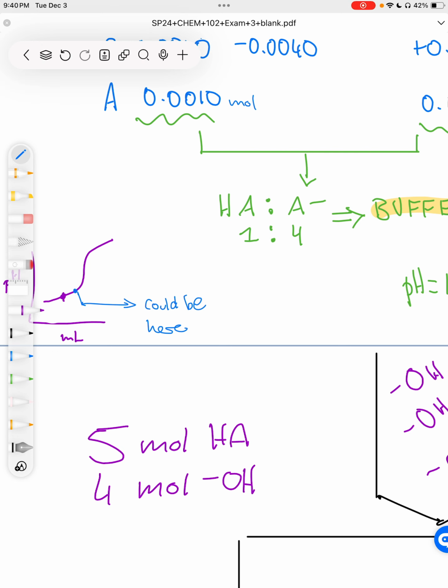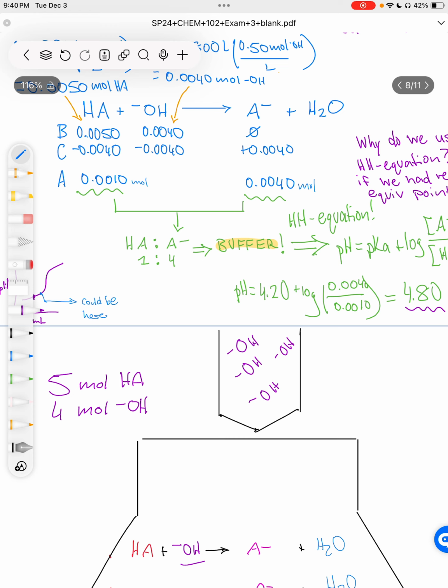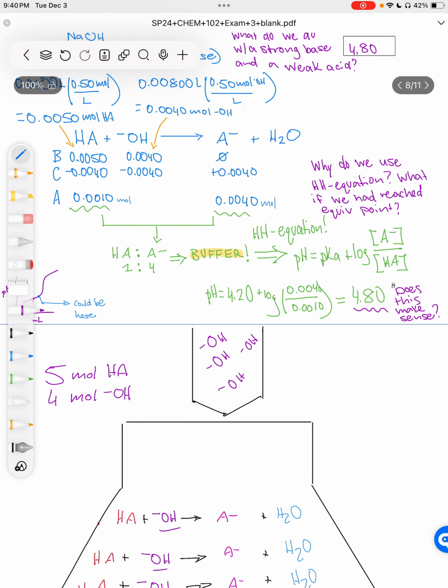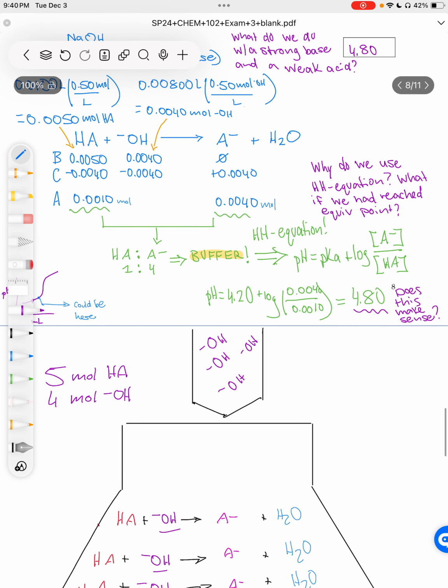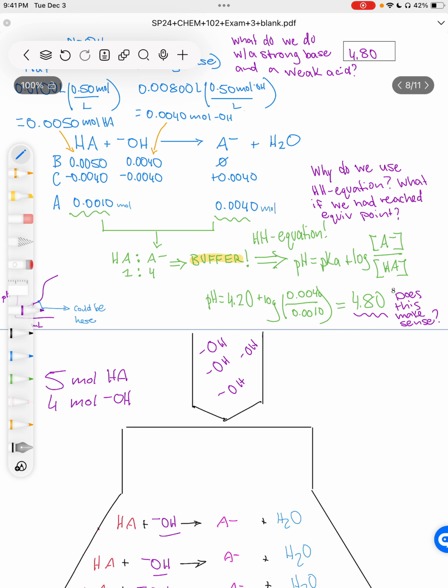That's our midpoint. If we keep adding strong base to our solution to make more conjugate base, we're going to go up a little bit, and our solution's going to get a little bit more basic, right? We've got more conjugate base than we do weak acid. So it's good that we got a pH that's a little bit higher, a little bit more basic.